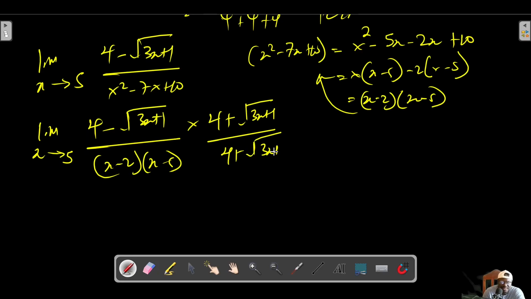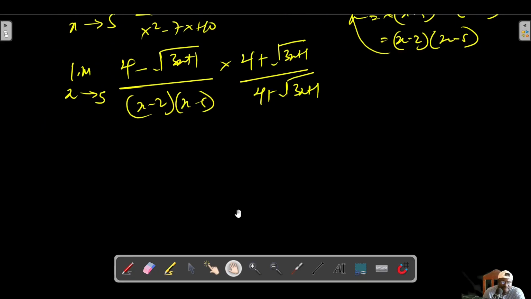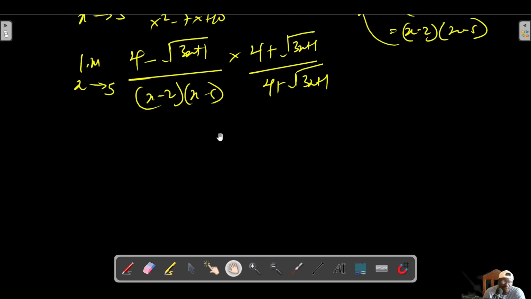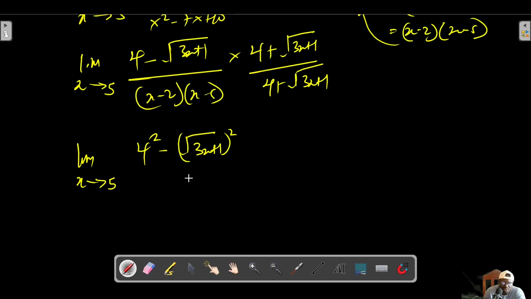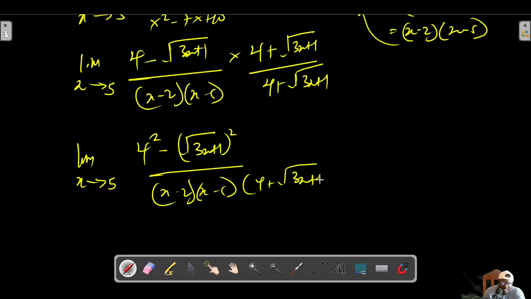The numerator is the product of these two expressions, which gives you the difference of two squares, 4 squared minus root of 3x plus 1 all squared, divided by x minus 2, x minus 5, multiplying 4 plus root 3x plus 1.